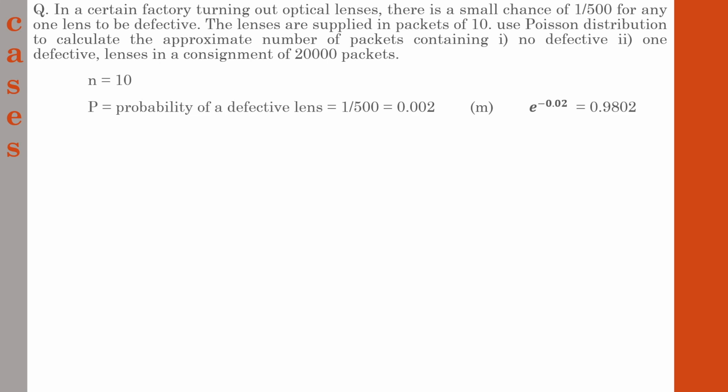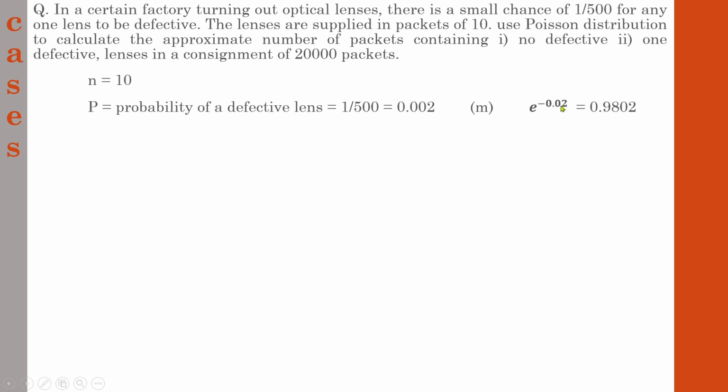And it is specifically mentioned that the probability of a defective lens is 1 by 500, which can be written as 0.002. The mean, or m, is found from the details given in the question itself. We have got the m value, and we need not go further in finding it.